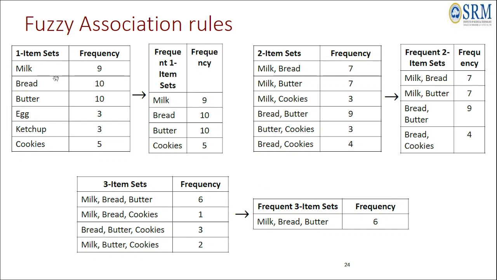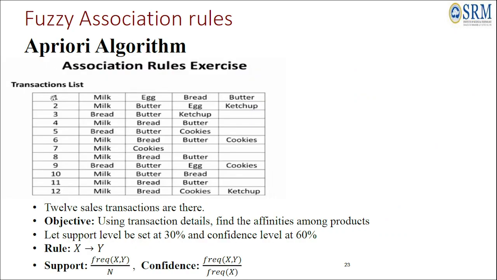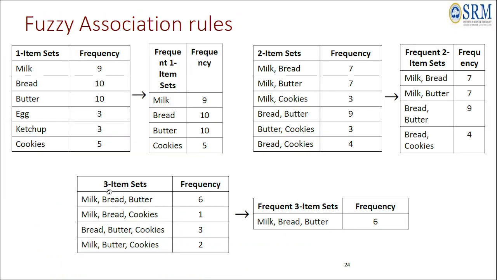If you see the previous table, 1 to 12, there are 12 transactions. How many times is milk occurring in the 12 transactions? This is 1, 2, 3, then 4, 5, 6, 7, 8, 9. So here you can see that the milk frequency is 9.